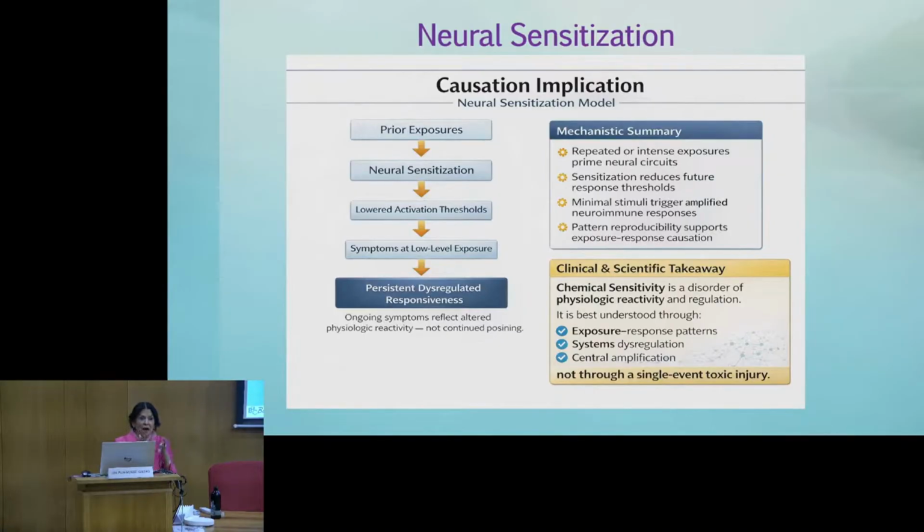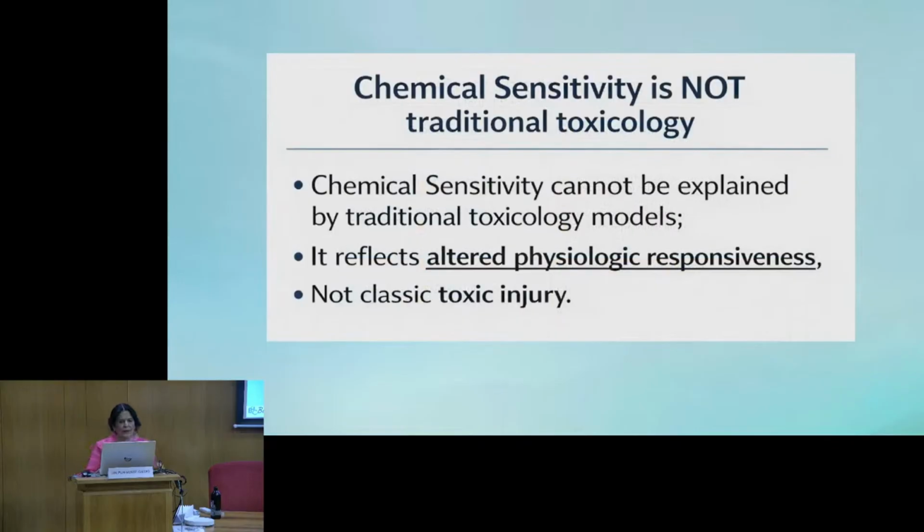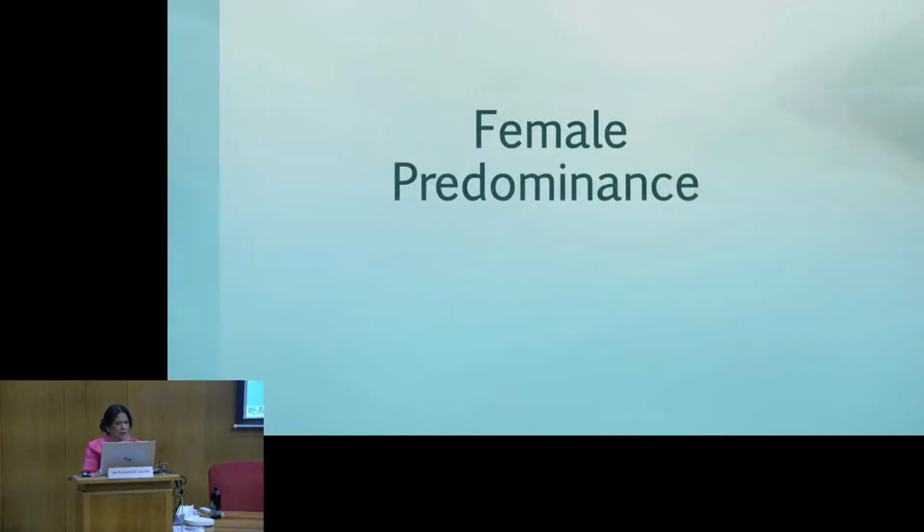If they are moving from the irreversible to the reversible phase, that's a very important thing. So chemical sensitivity cannot be explained by traditional toxicology models. It is an altered physiologic responsiveness. It's not a toxic injury.